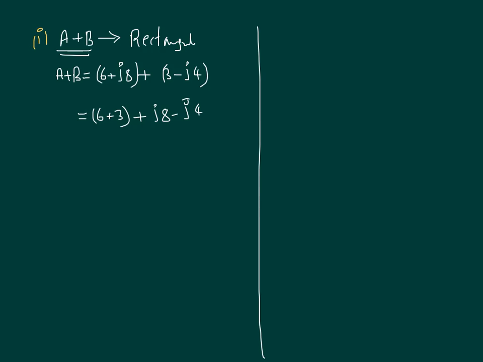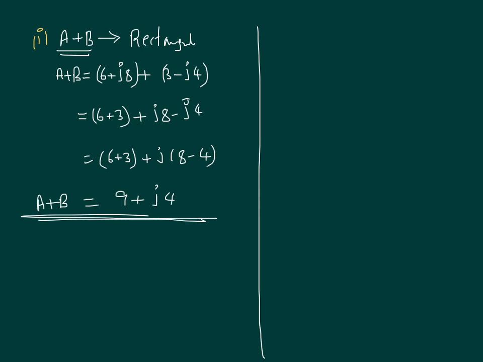We can make j a common term, 8 minus 4, that equals 9 plus j4. This is a plus b, and it should be expressed in polar form.